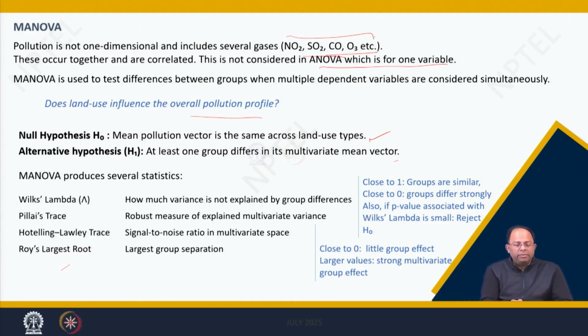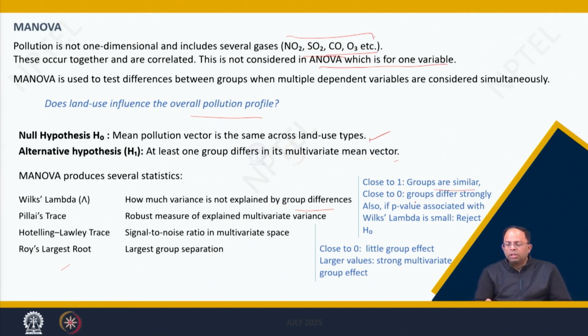Wilks' lambda tells how much variance is not explained by group difference. We are trying to measure how much of the variance is not explained by the difference between the groups. If it is close to 1, we assume that groups are similar.